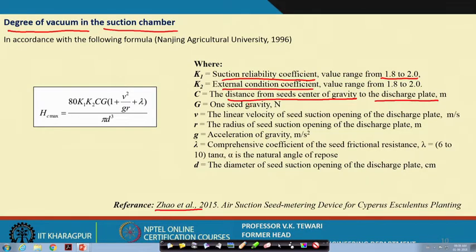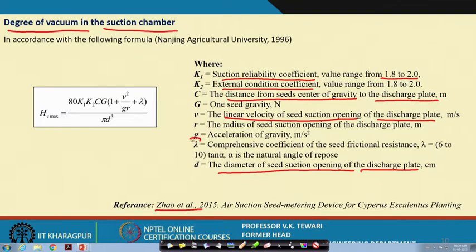So, the values of K1, K2, Cg. Now, this is the linear velocity of the seed suction opening of the discharge plate. This is important because we have discussed earlier what is the linear velocity in the previous slide. And of course, the diameter of the seed suction opening onto the discharge plate.